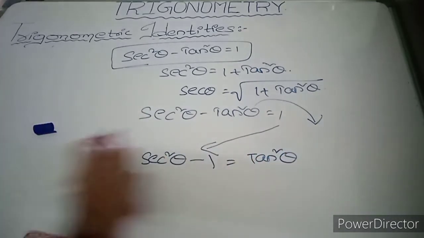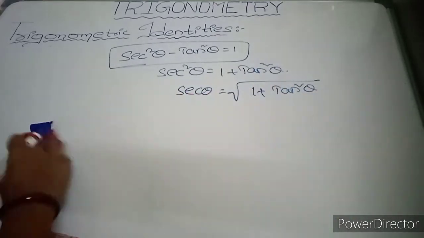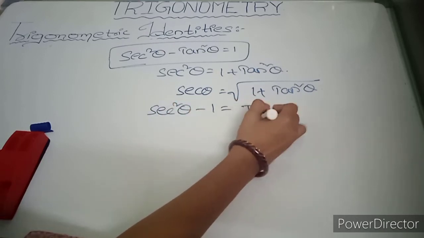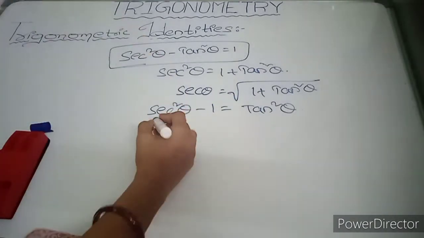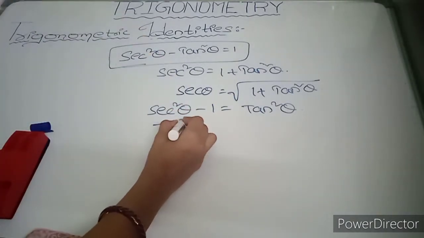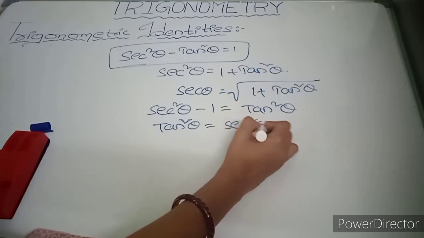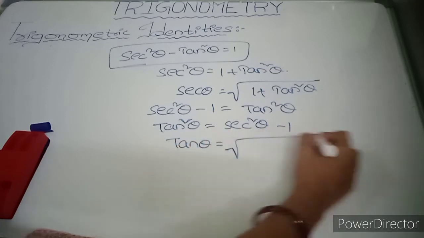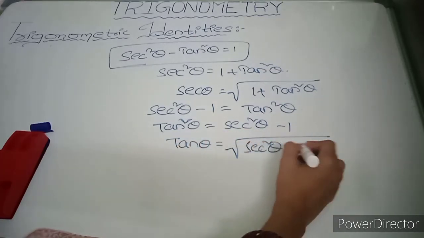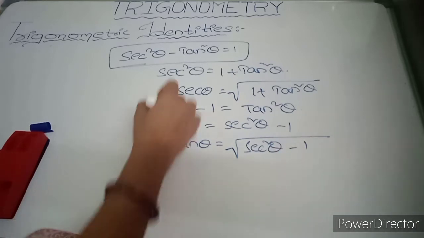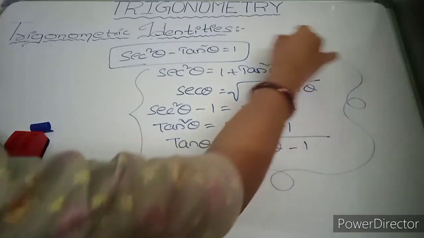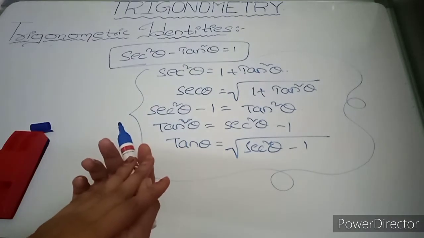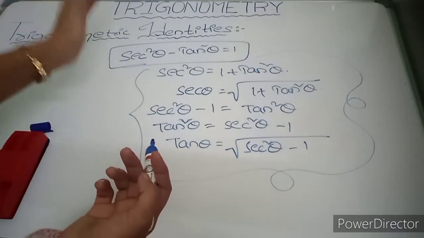That means tan square theta is equal to secant square theta minus 1, where tan theta is equal to square root of secant square theta minus 1. So these are the four identities that are based on the identity secant square theta minus tan square theta is equal to 1.